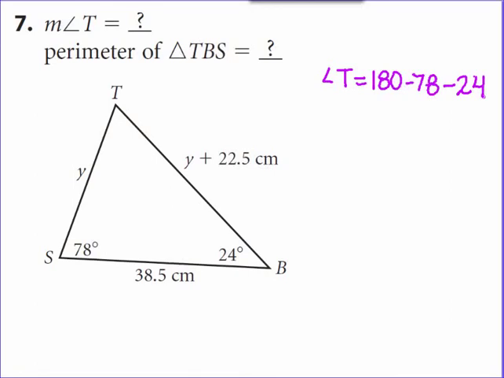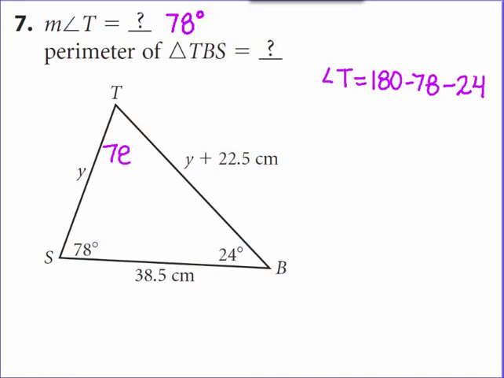What is the measure of angle T? 82. So you took 180 minus 78 minus 24? Really? I got 78 degrees. Well, my calculator didn't work. 180 minus 78 minus 24, I believe, is 78 degrees.